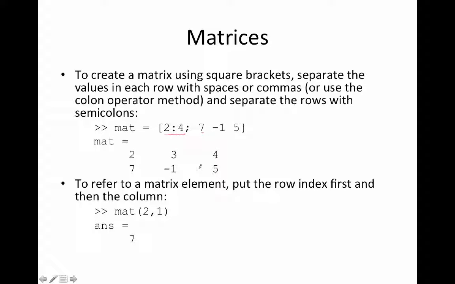So this gives me a 2 by 3 matrix. To refer to an element in the matrix, you say mat, and then in parentheses you give first the row index and then the column index. So second row, first column is going to be the number 7. So it's always the row index, comma, the column index.